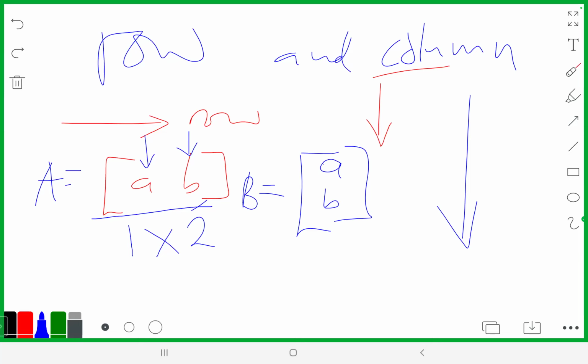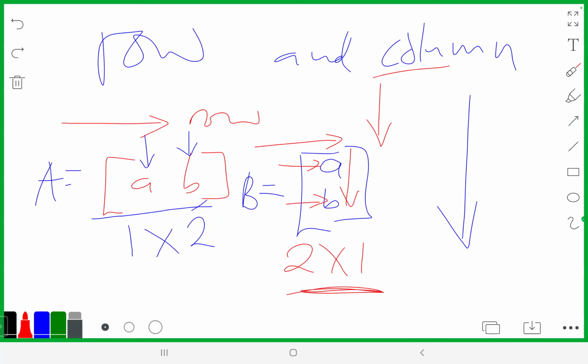The rows are these lines that go to the right. How many are they? If we count nicely, we'll find that there is 1, there is also 2. So there are 2 rows by how many columns? Only 1 column. So this matrix is said to be a 2 by 1. Then the first one was a 1 by 2.